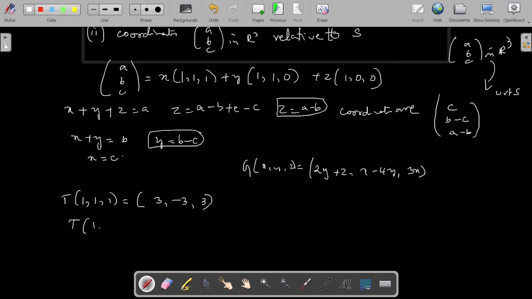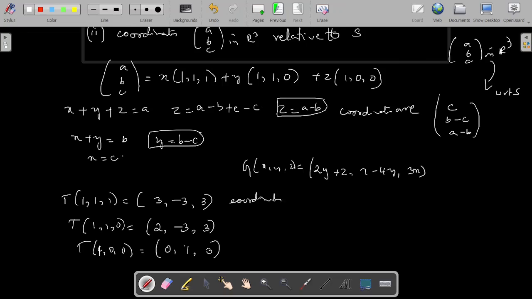Next T of 1 comma 1 comma 0, another basis vector: 2 comma minus 3 comma 3. Next T of 1 comma 0 comma 0 goes to 0, 1, 3. So now you have to find the coordinate vectors.